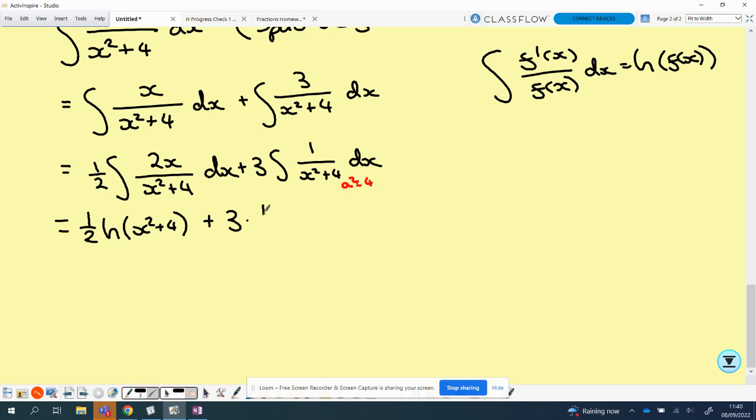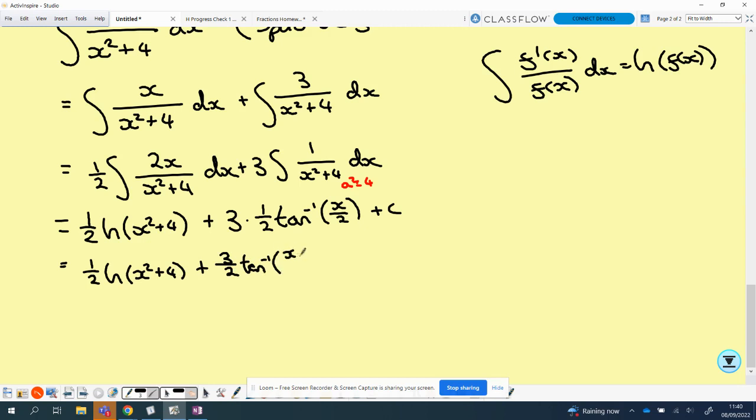I'm going to get 1 over a, which is 1 over 2, tan inverse of x over 2 plus c. And if I just tidy up, I get that as my final answer.